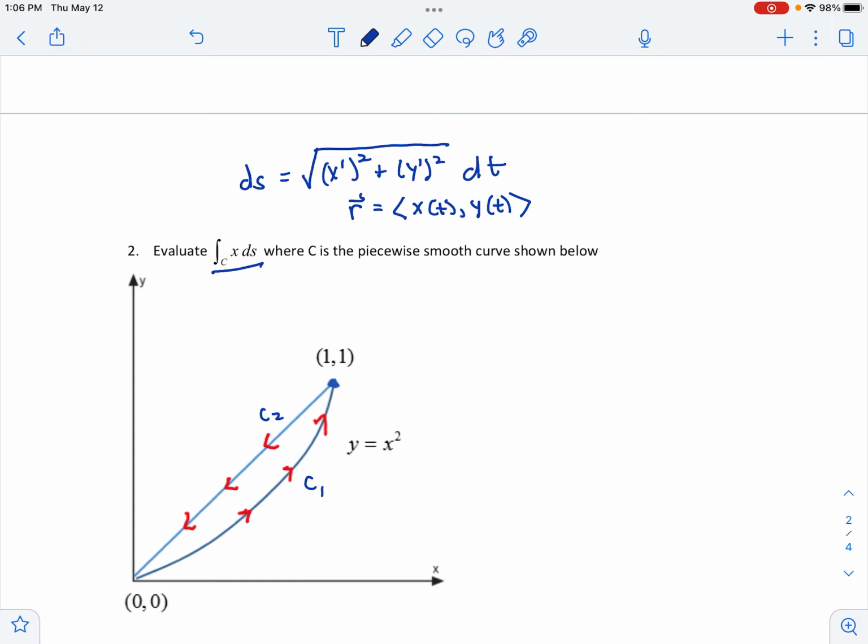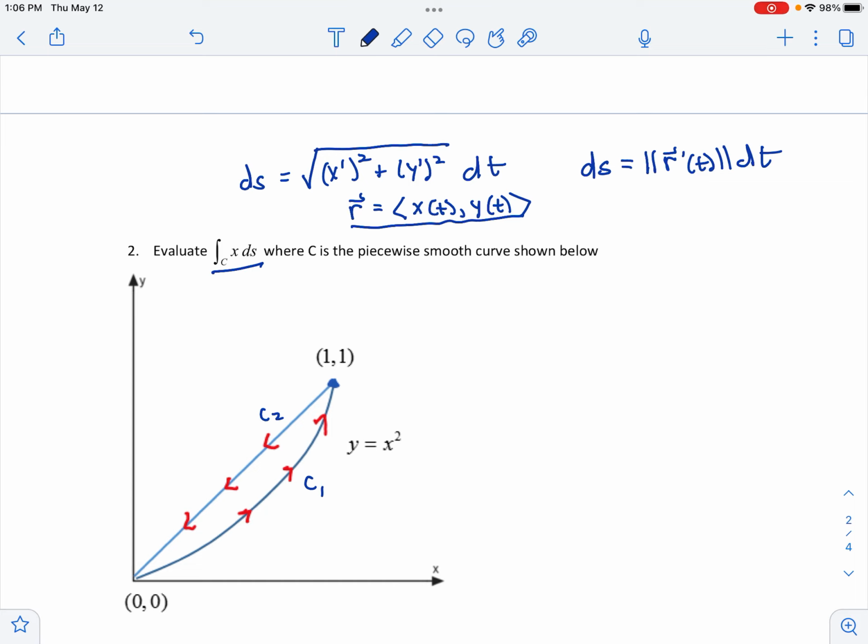So we're trying to find a path. Let's see if we can figure that out. And by the way, ds, really all that is the magnitude of r prime of t dt. So you could think of it that way as well. But we've got this path, vector valued function.